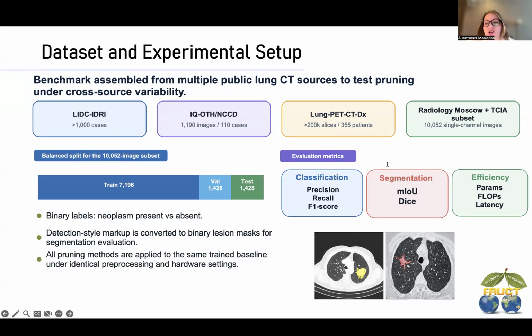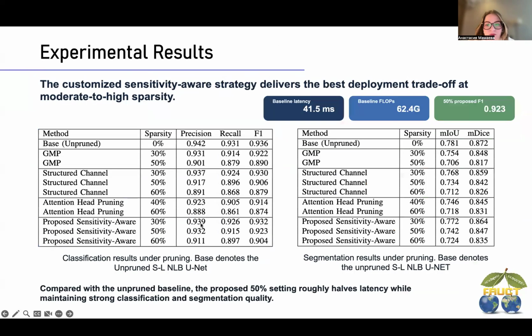For segmentation, we report mean intersection over union and Dice coefficient. To measure efficiency, we also compare the number of parameters, FLOPs, and inference latency on the same hardware setup. So, our evaluation shows both medical quality and computational efficiency.